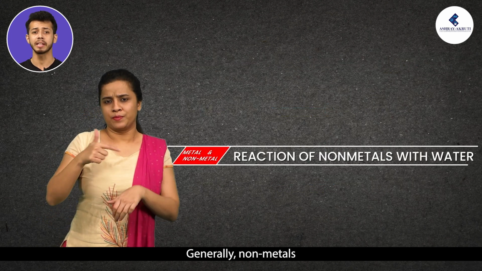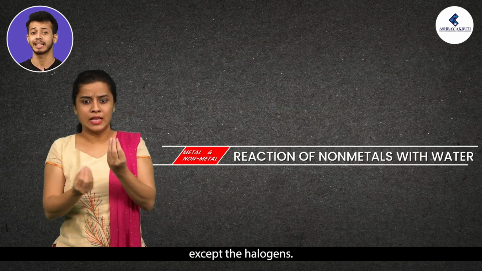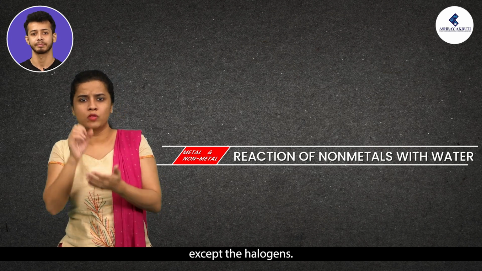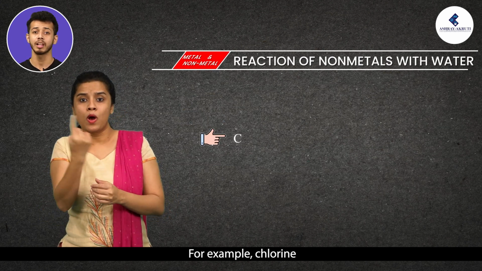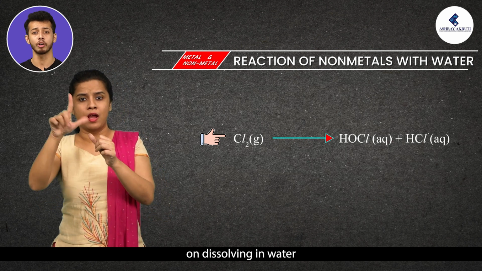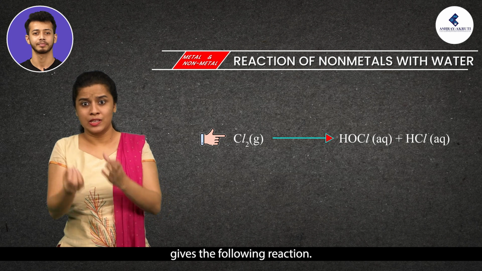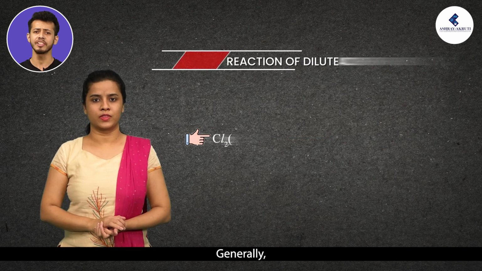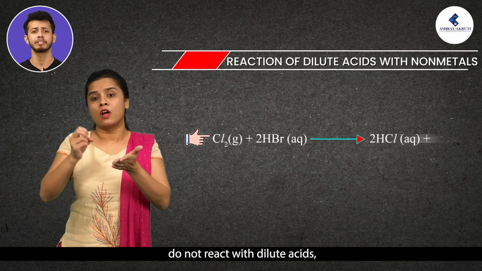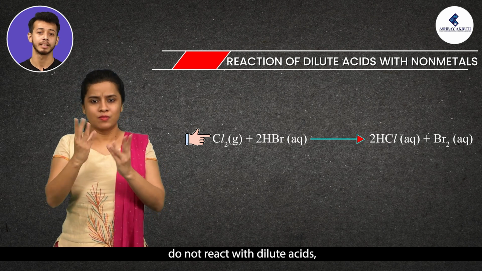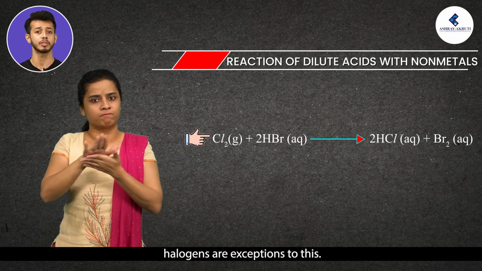Generally, non-metals do not react with water except the halogens. For example, chlorine on dissolving in water gives the following reaction. Generally, non-metals do not react with dilute acids. Halogens are an exception to this.